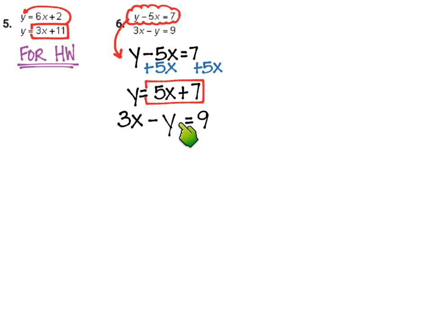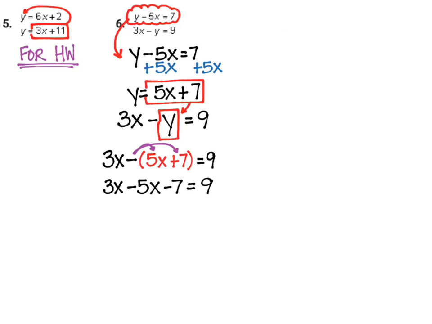So I've written it down here, and where I see y, I'm going to substitute in 5x plus 7 with parentheses. And this is why it's crucial, because outside of the parentheses is a negative. And we need to distribute that negative, which gives us 3x minus 5x minus 7 equals 9.